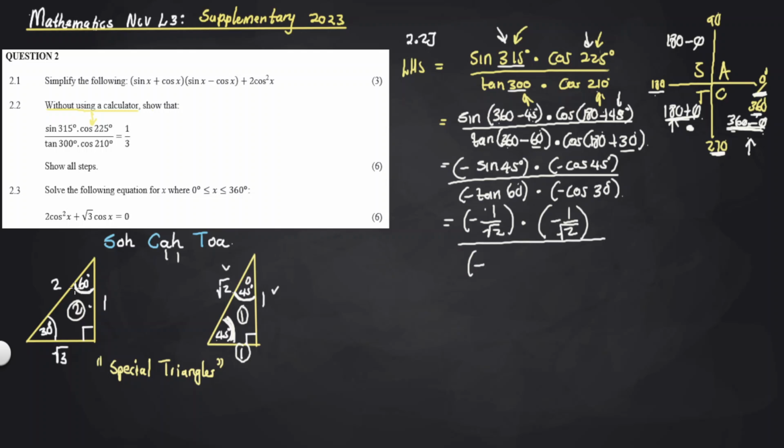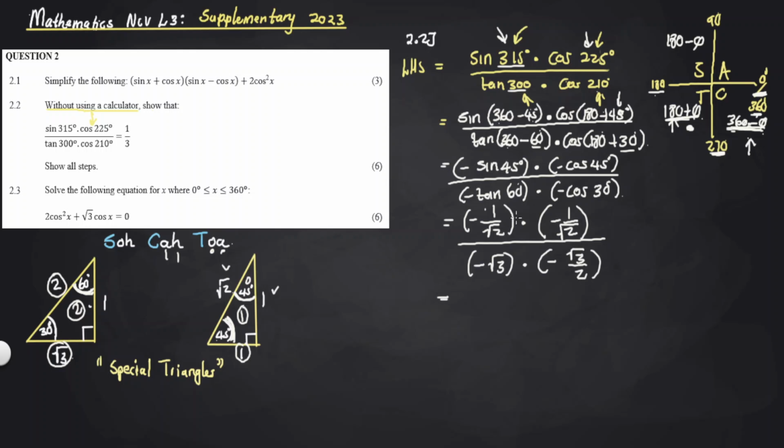Tan is opposite over adjacent, so opposite of 60 degrees is square root 3, adjacent is 1, so it's the square root of 3, multiplied by negative cos 30 degrees, adjacent over hypotenuse, so square root 3 over 2.